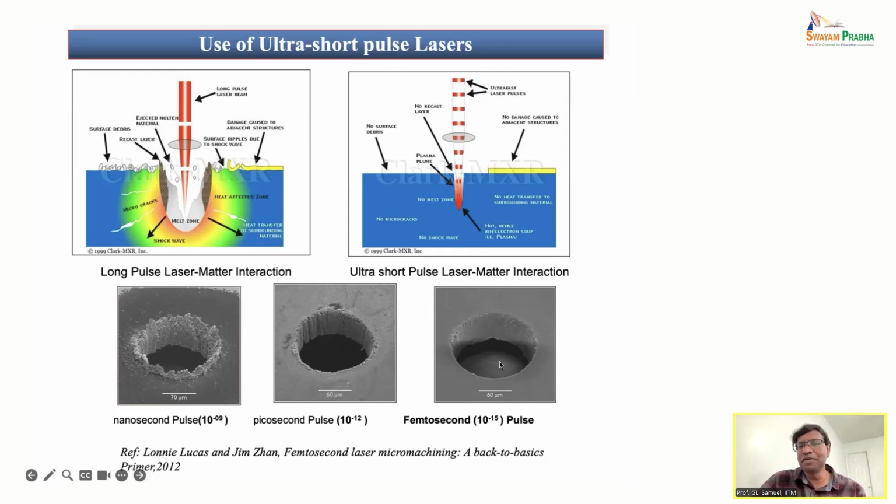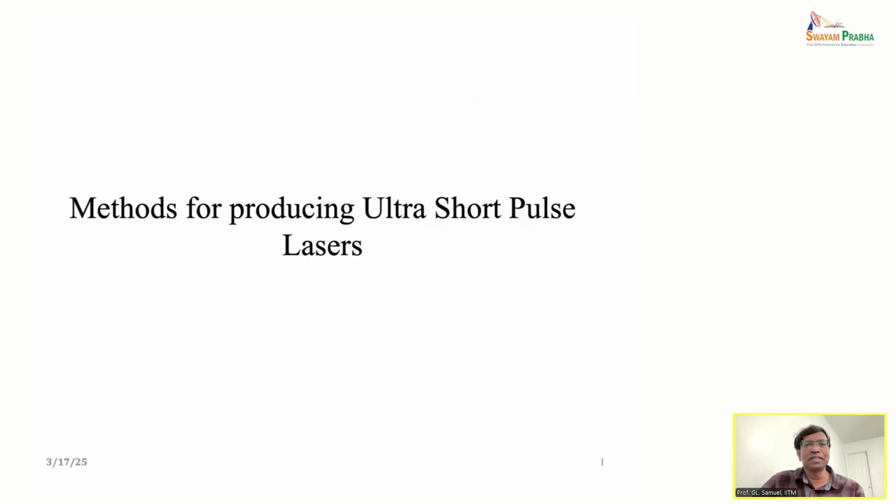But when you use the femtosecond laser, it is almost a perfect hole, but still we have the chance for improving the quality of the hole. So in our work, we machine the holes and then we have also characterized them. Those details we are going to see further.